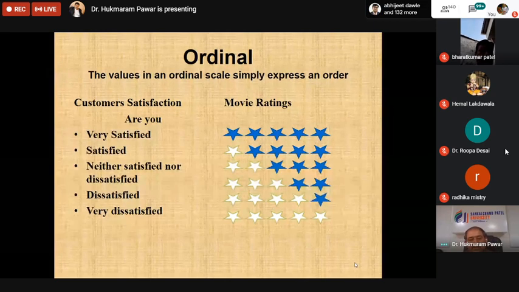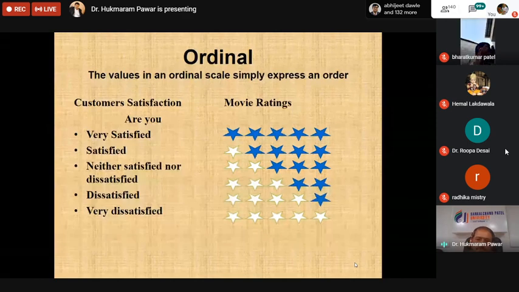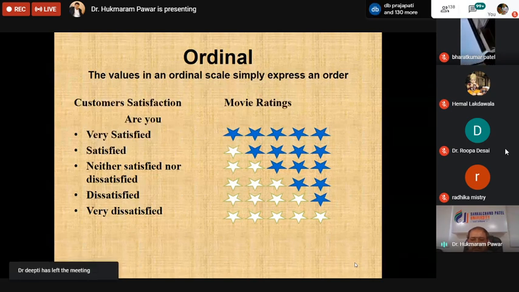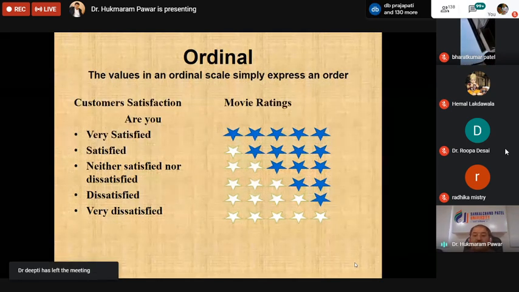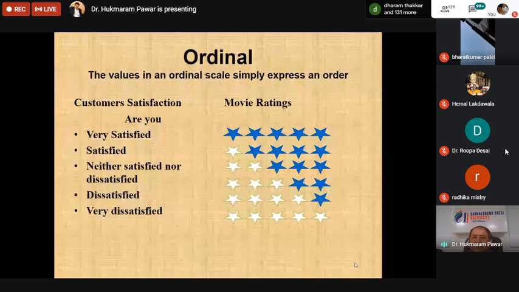You are just arranging in an order, like movie rating, 1 star, 2 star, 3 star. We can say that 5 star is better than 4 star, and 4 star is better than 3 star, but how much better, we can't say. That kind of data, just arrangement in a particular order, is called ordinal data.